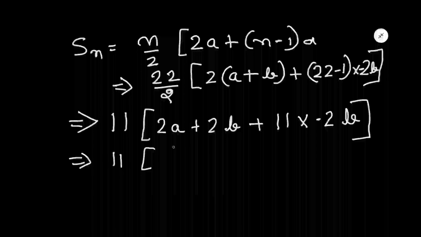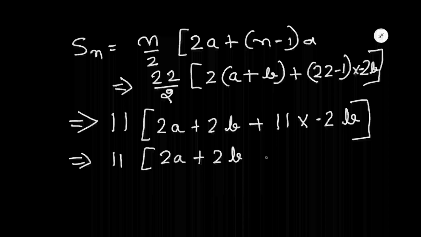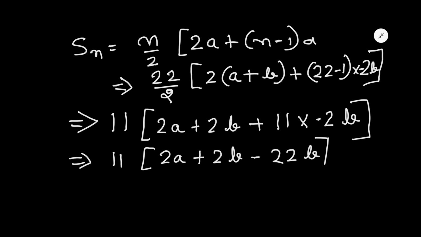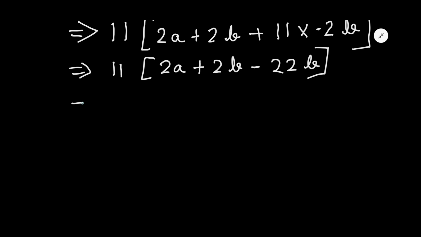Here 2a plus 2b, and 11 into minus 2b is minus 22b. So 2a, 2 minus 22 is equal to minus 20, so 2a minus 20b.